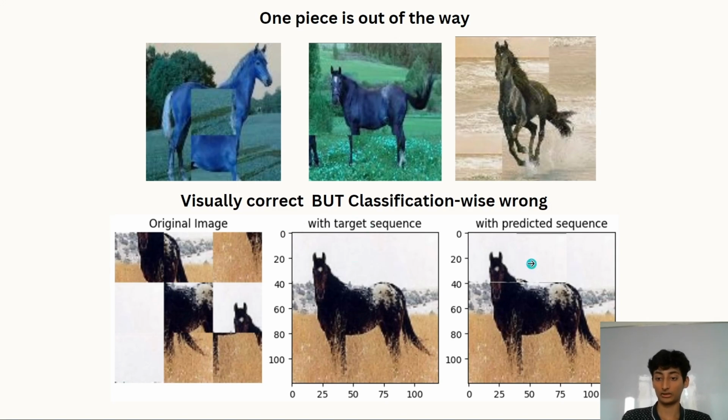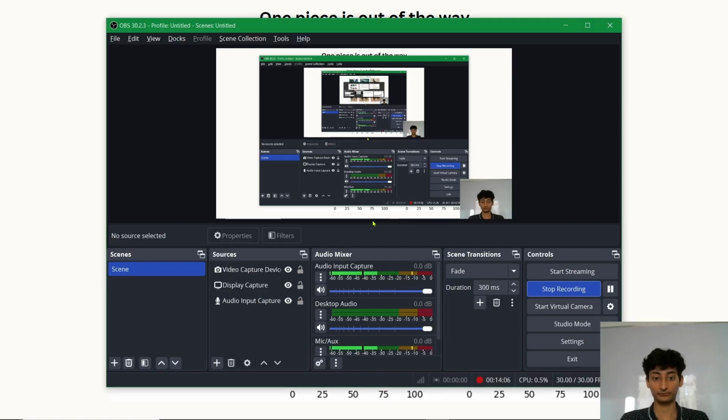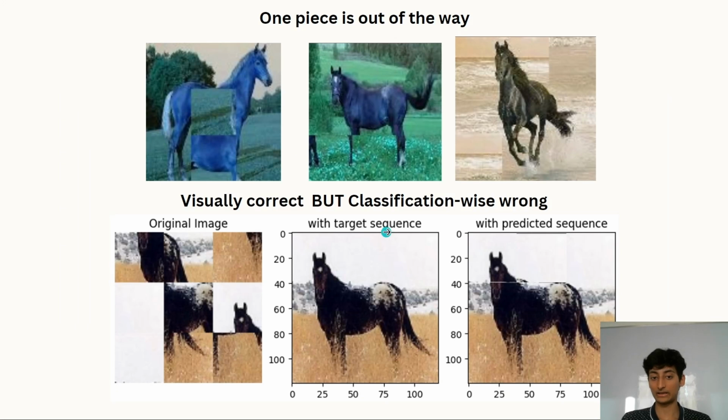Sometimes it is visually correct. Sometimes the images are visually correct, but the model gives them as wrong outputs, because you have the original image with the target sequence and you have the predicted sequence.